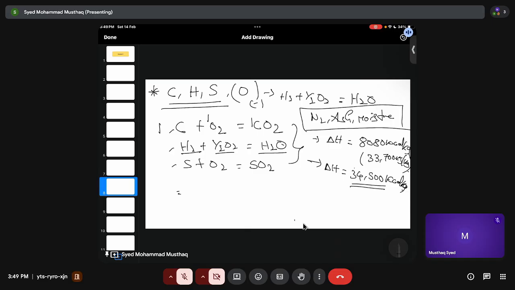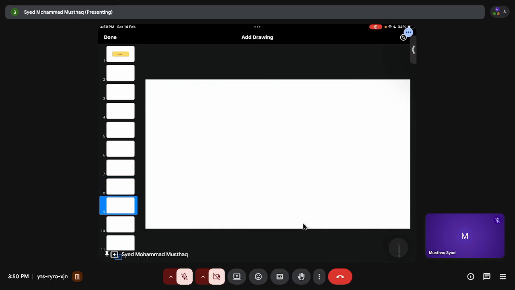The same goes for sulfur, which is 2204 kilocalories per kg. Now this is the value of our calorific value, or GCV, gross calorific value.